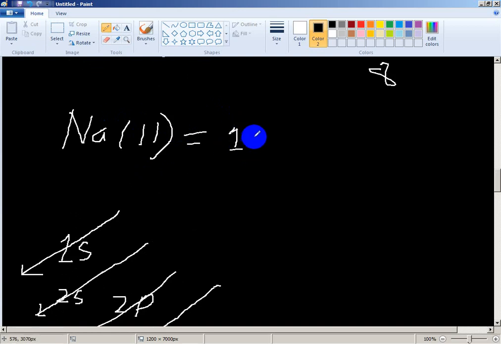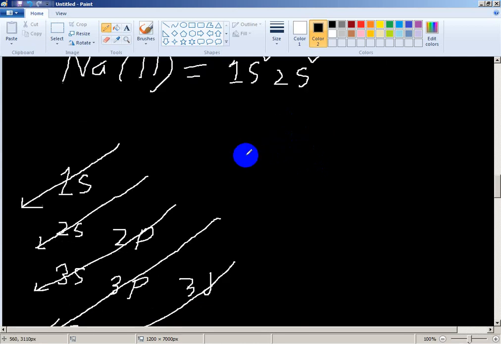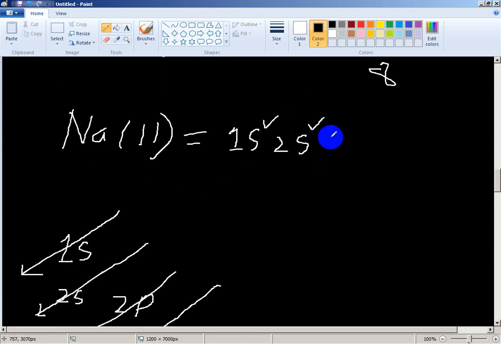How many electrons can the 1s orbital contain? Two electrons. Then 2s, two electrons. Then 2p, 6 electrons. Now another orbital is needed.